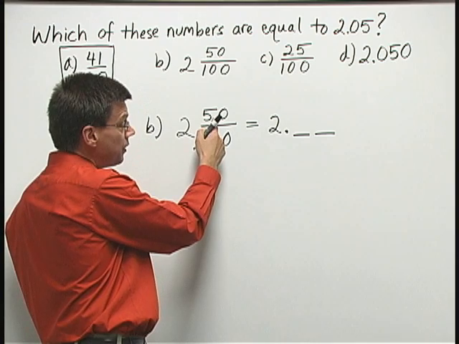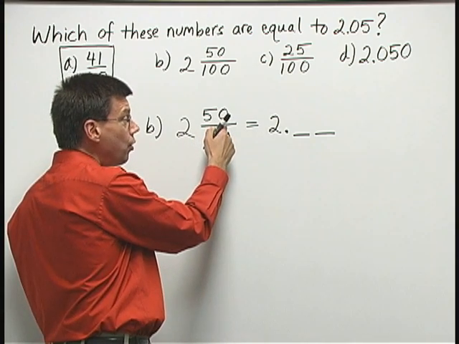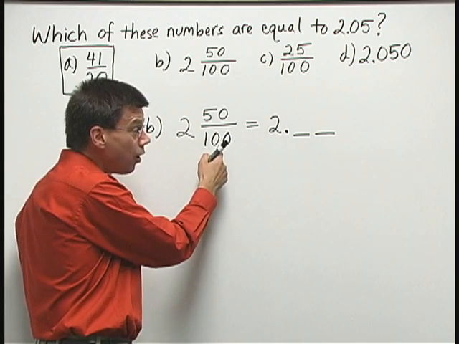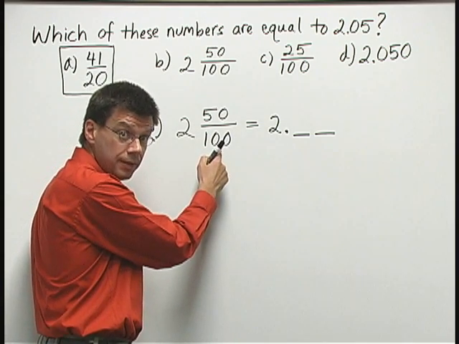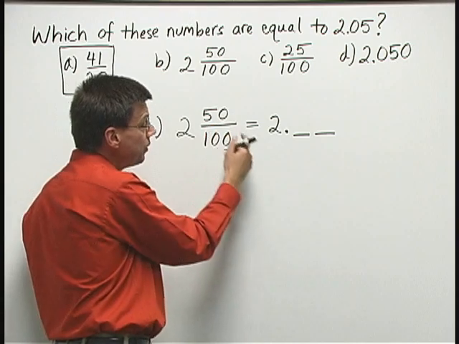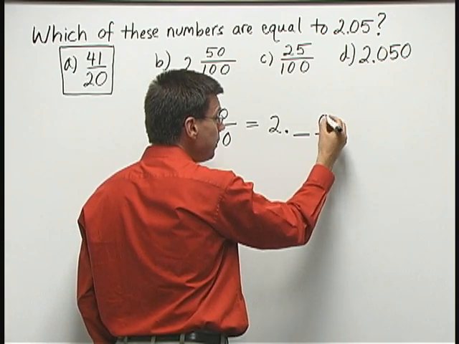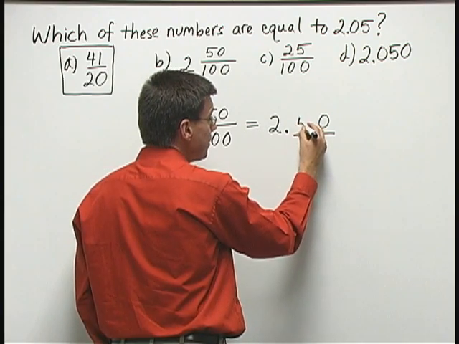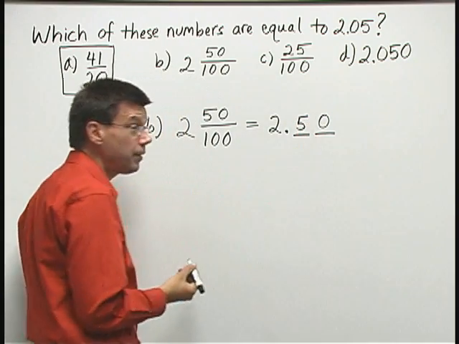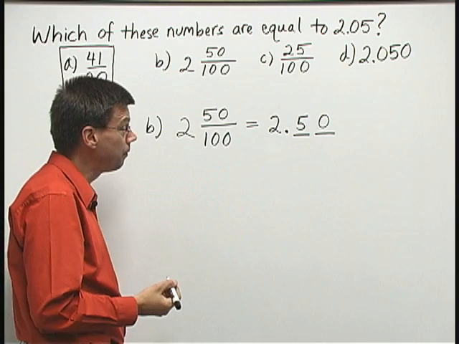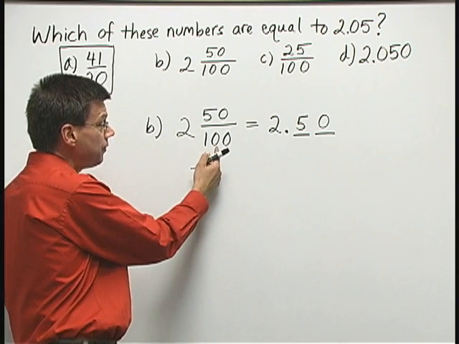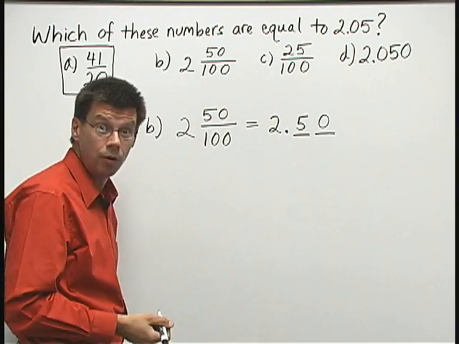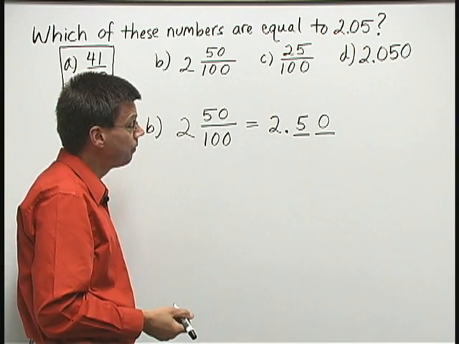The numerator is 50. I know the ones place of the 50, the 0 on the 50, goes in the 100ths place of the decimal. So the 0 on the 50 goes here in the hundredths place, and the 5 goes just to the left of it. The 5 ends up in the tenths place of that decimal. 2 and 50/100ths is 2.50 when it's written as a decimal.